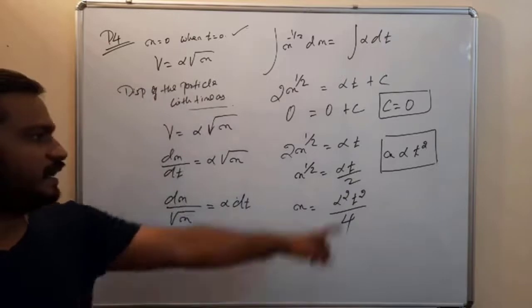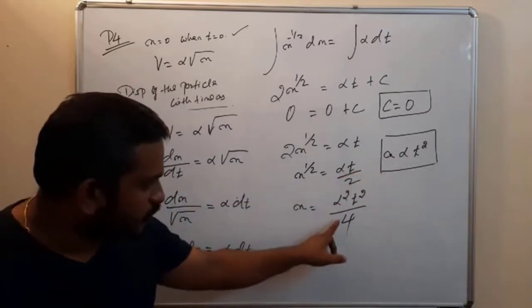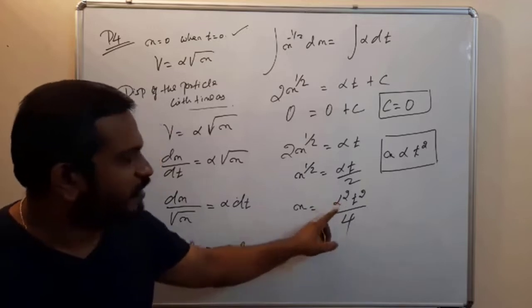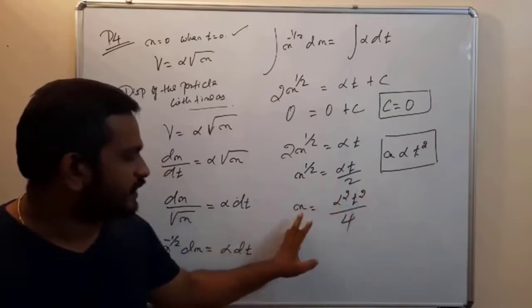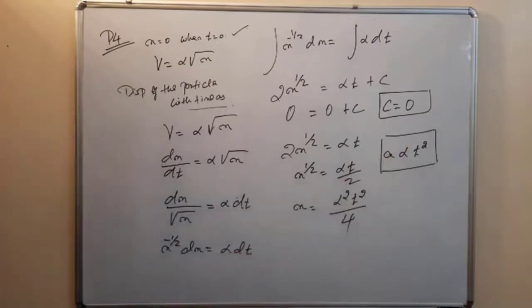That is, x is equal to alpha square by 4, a constant, into t square. That is the answer. So the next problem.